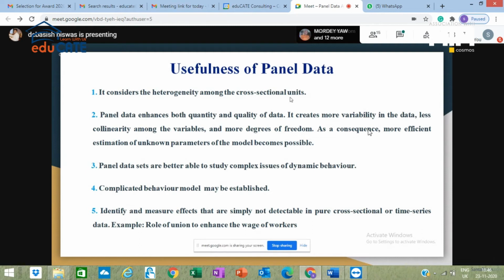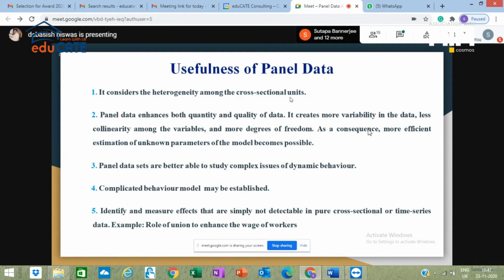Some are male, some are female. You may classify the workers on a different basis also, and cross-section your units accordingly.